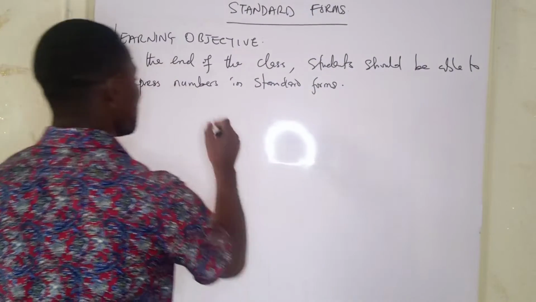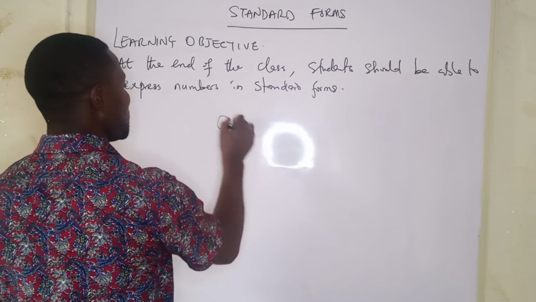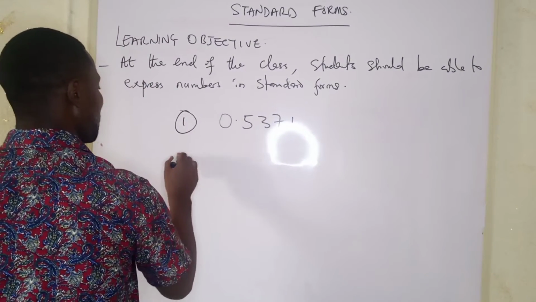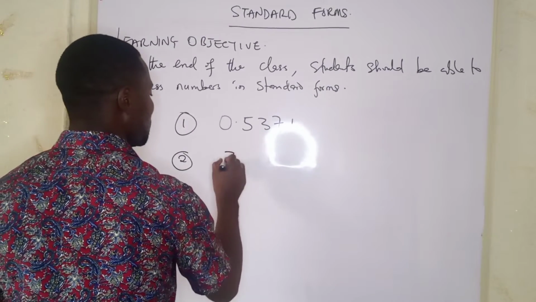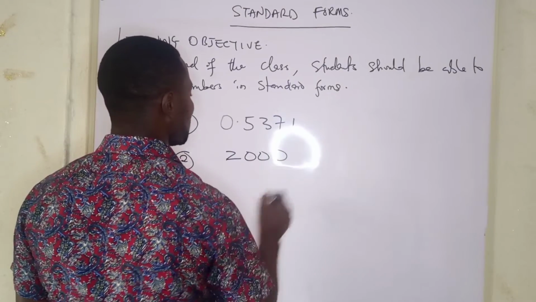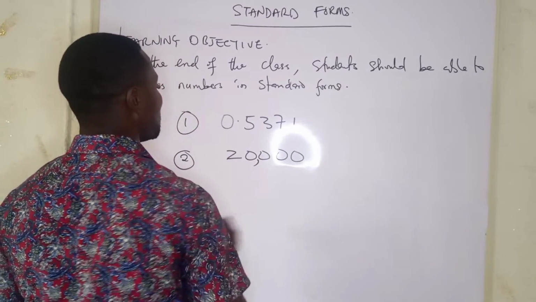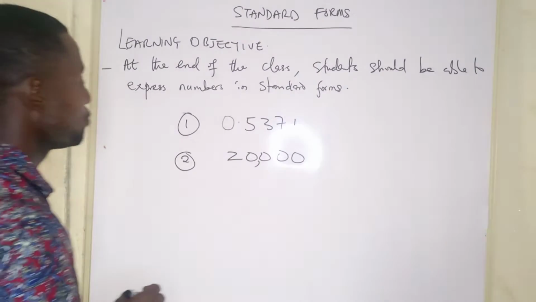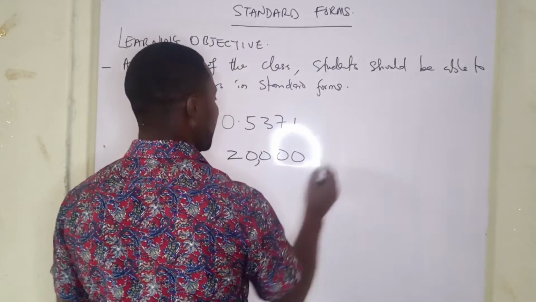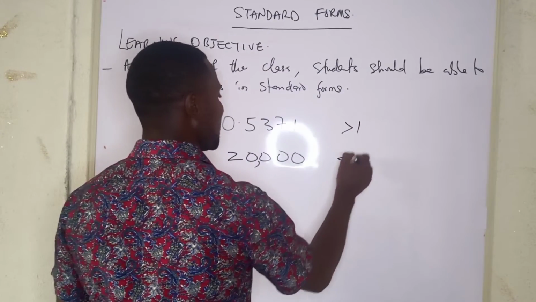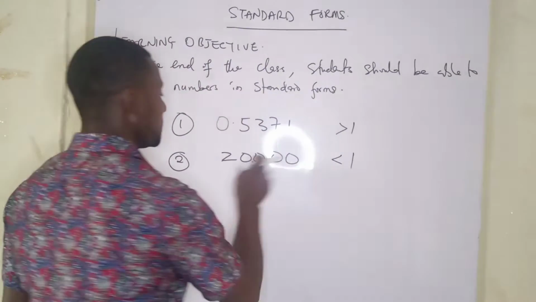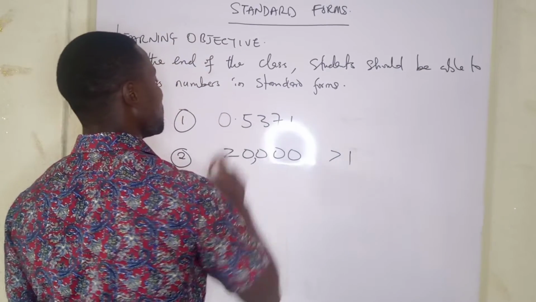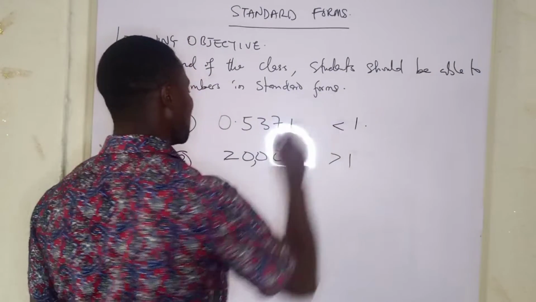Supposing we have 0.5371 and we have another one, 20,000, and you want to convert each of them to standard form. The first thing you should look at is, are they greater than 1 or less than 1? This value 20,000 is greater than 1. This value 0.5371 is less than 1.